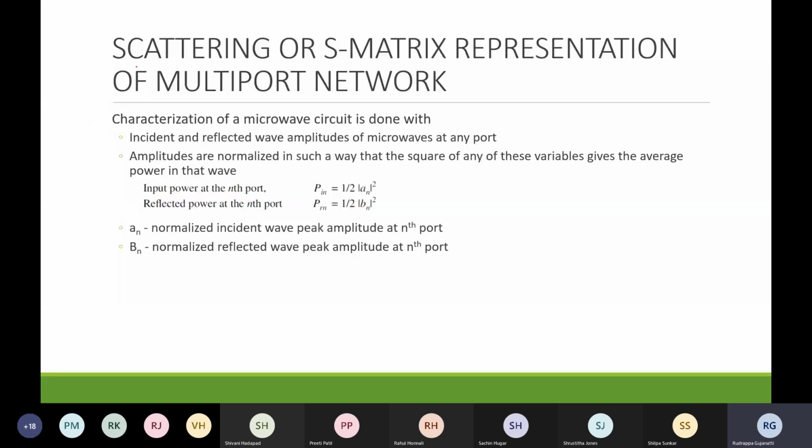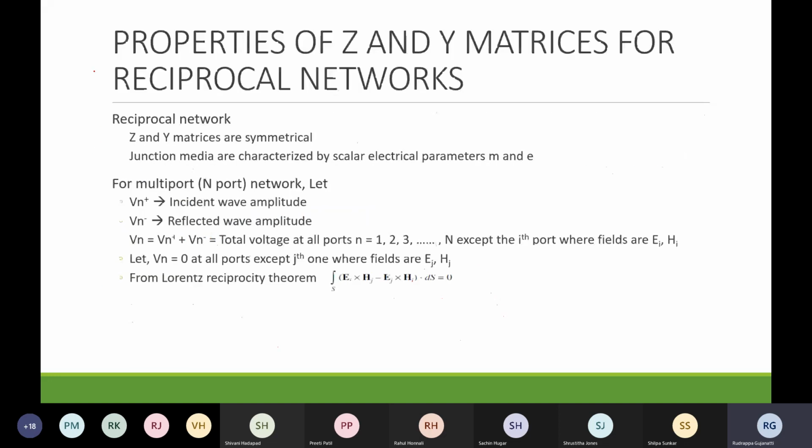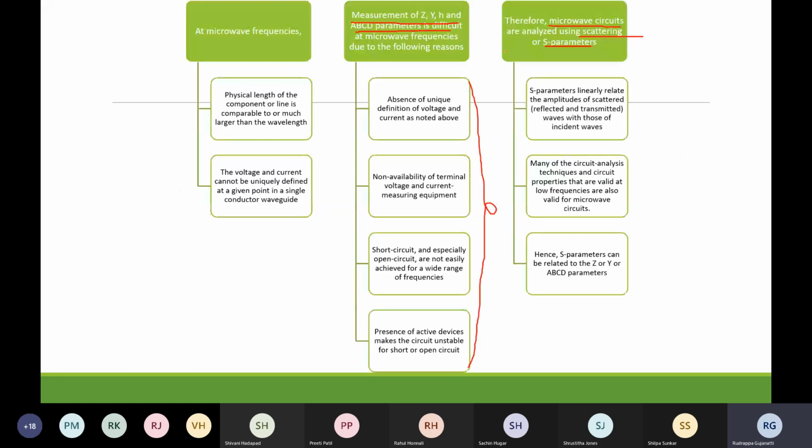So now let us move ahead and discuss the S matrix, or the scattering matrix. As we had seen in previous sessions, we cannot utilize Z, Y, H and ABCD parameters for the microwave network representation.